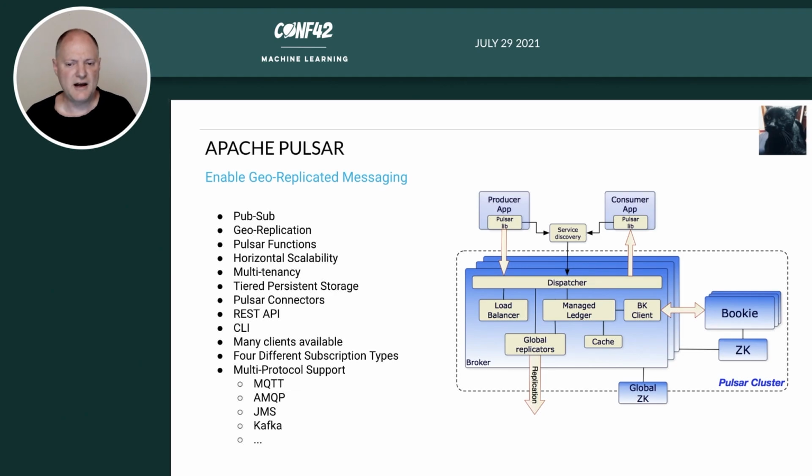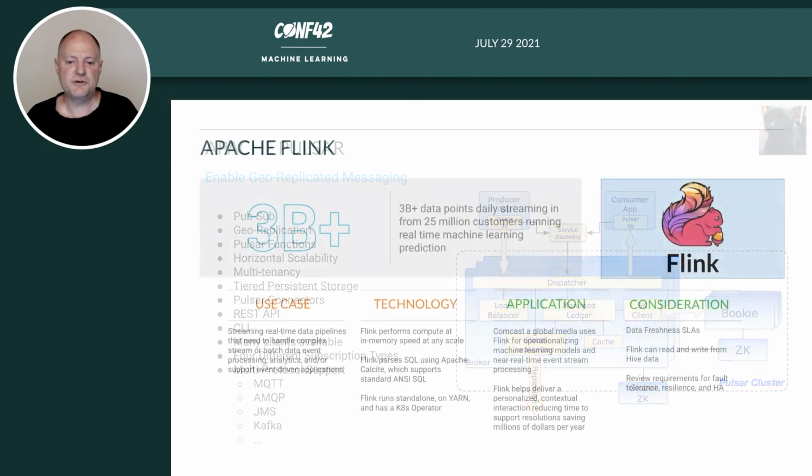Full REST API for managing, monitoring everything you need. Command line interface, so it's easy to hook up to your DevOps tools. And there's all the clients you'd expect, whether you write Python or you write Java, whatever it is, there's a client out there for you, so you could easily consume and produce messages. This makes this pretty great.